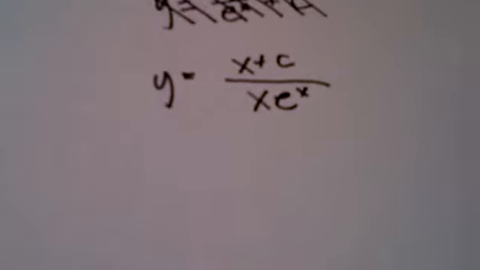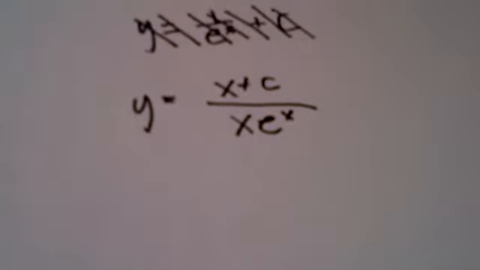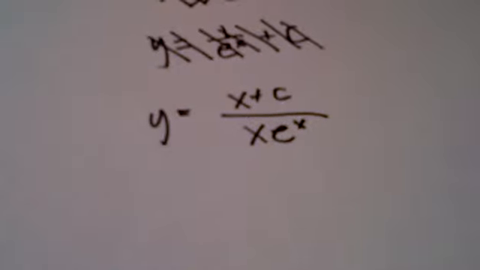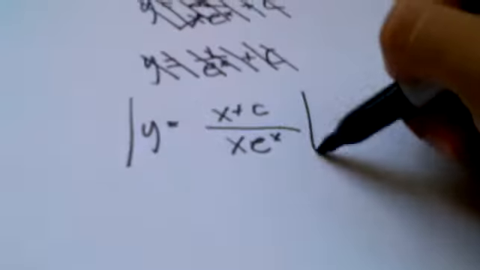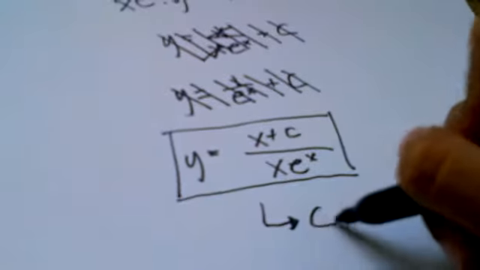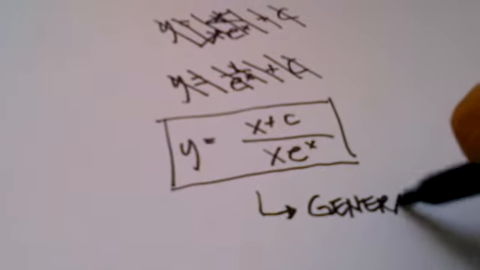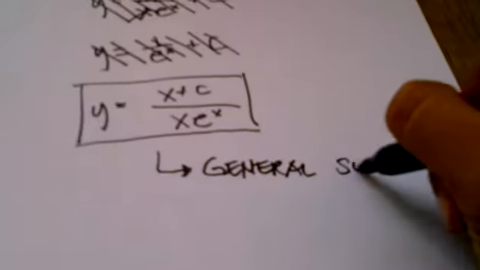So x e to the x times y is equal to x plus c. This will lead you to y equals x plus c over x e to the x. So maybe this will be our final answer, the general solution.